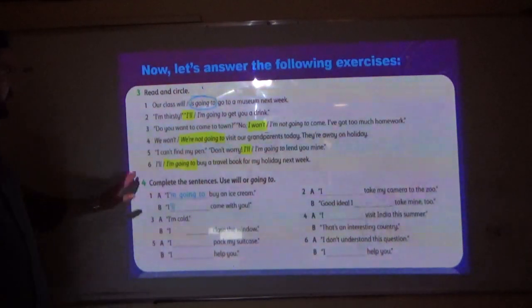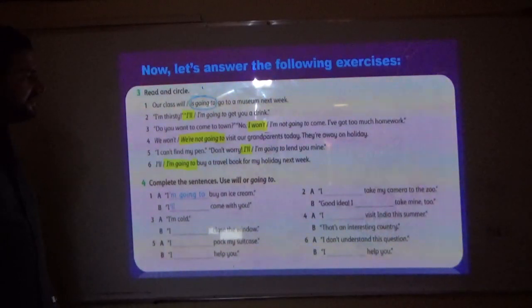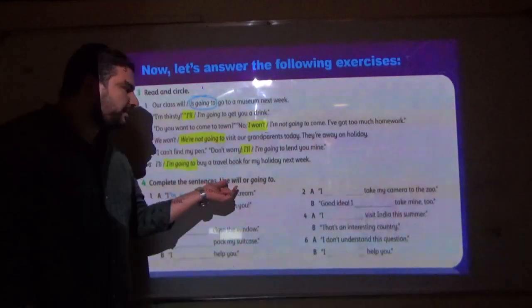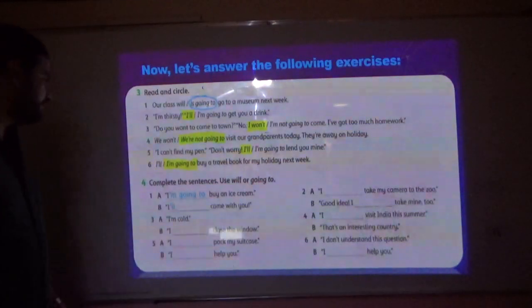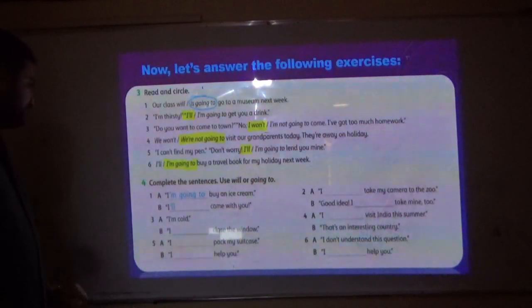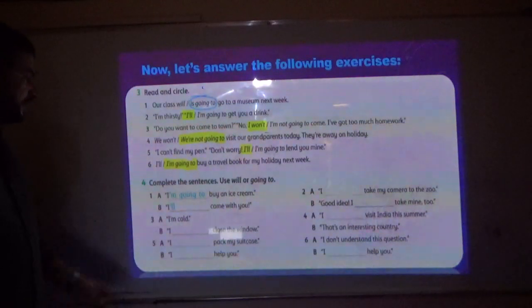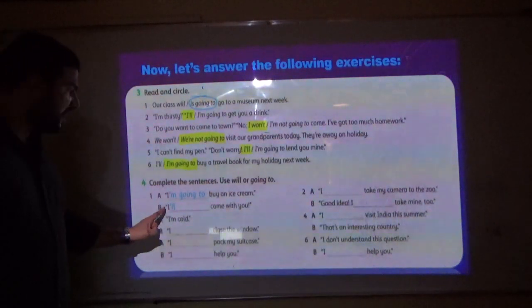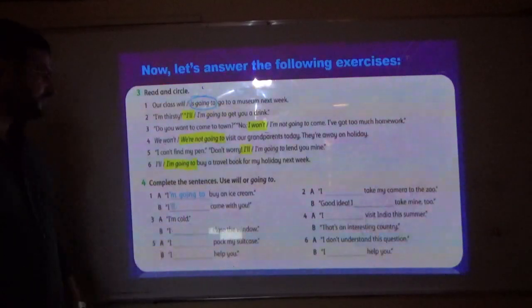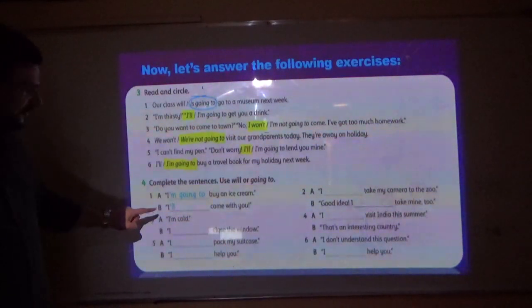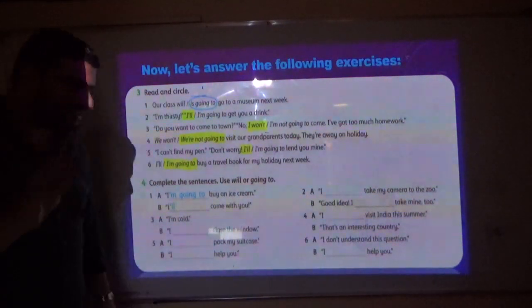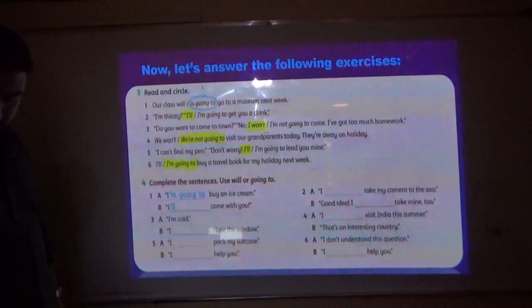After that, exercise 4, complete the sentences, use will or going to. Number 1 is already answered. A, I'm going to buy an ice cream. I will or I'll come with you. So the second person decided at once to do this, so it is a quick decision, so use will.